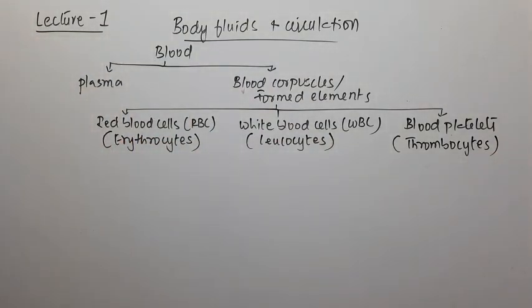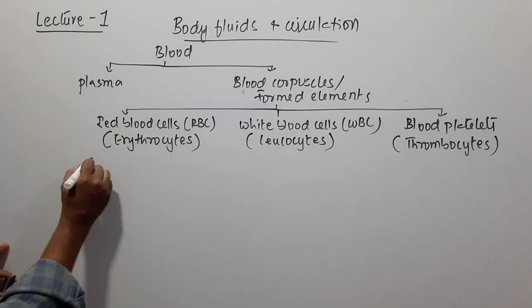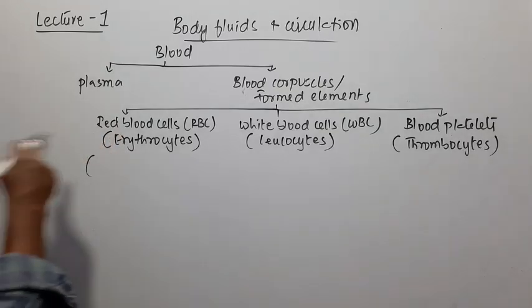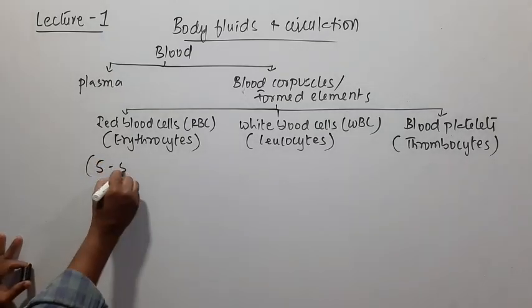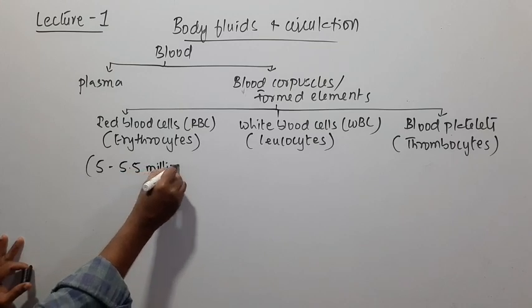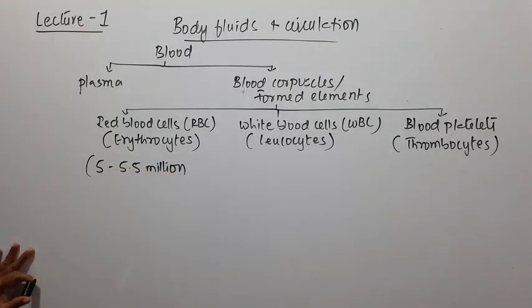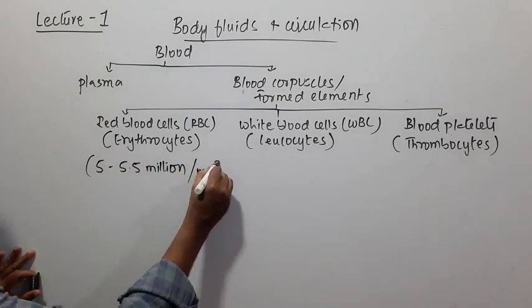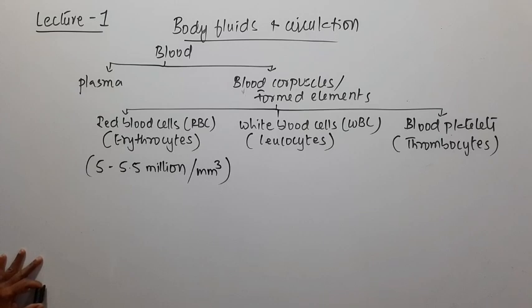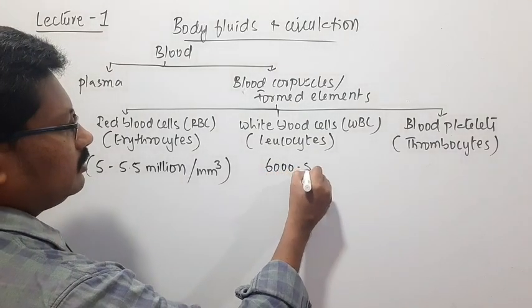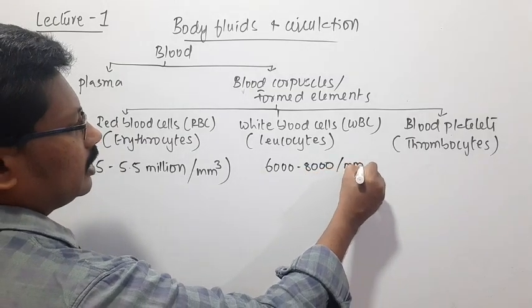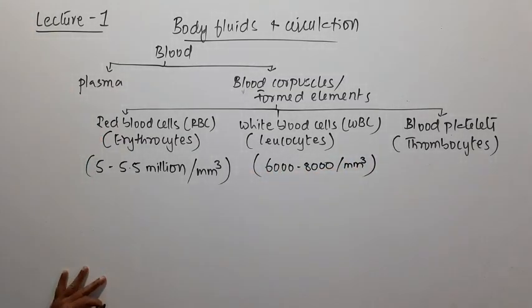So here the normal values of RBC, WBC and platelets: in the case of red blood cells, it is 5 to 5.5 million RBCs per cubic mm. Coming to white blood cells, the value is around 6,000 to 8,000 per cubic mm.